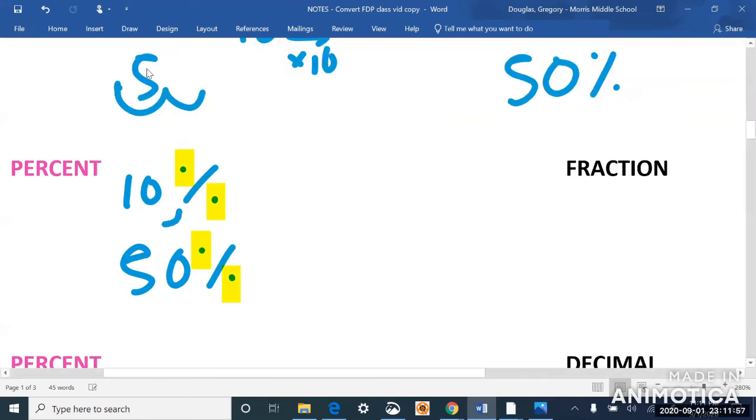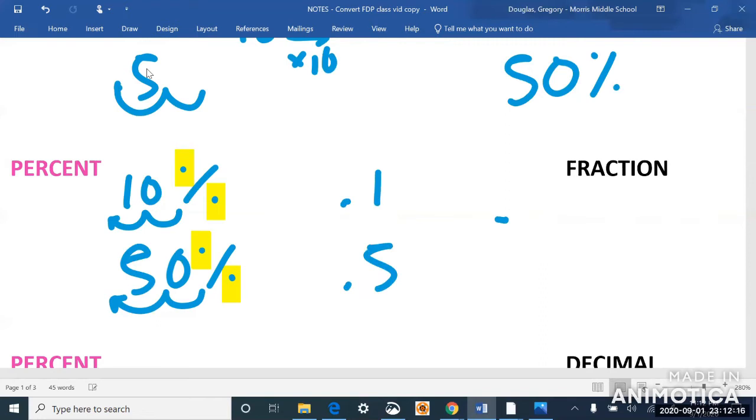So I'm going to go 1, 2, because right now it's 10 period, 10 decimal 0%. So the decimal, you can't see it, but that's where it is. So I'm going to have to move it 2 spots that way, okay? So I'm going to have 0.1 or 0.5. Now I was doing percent to decimal.